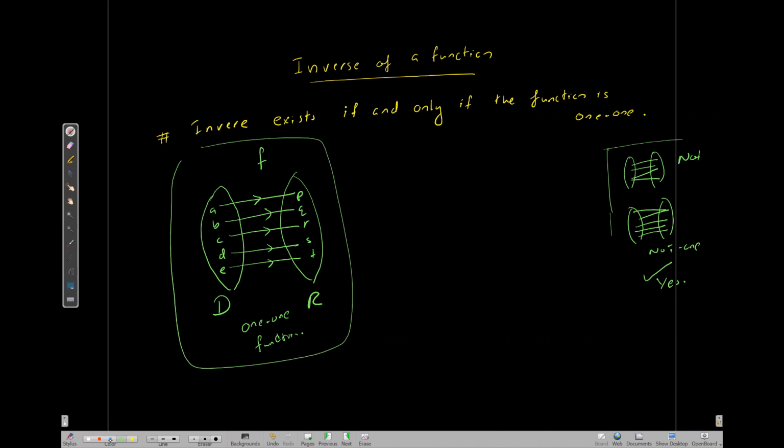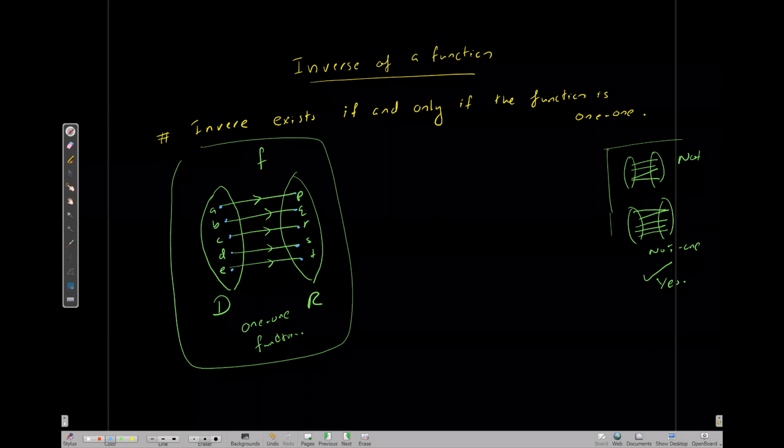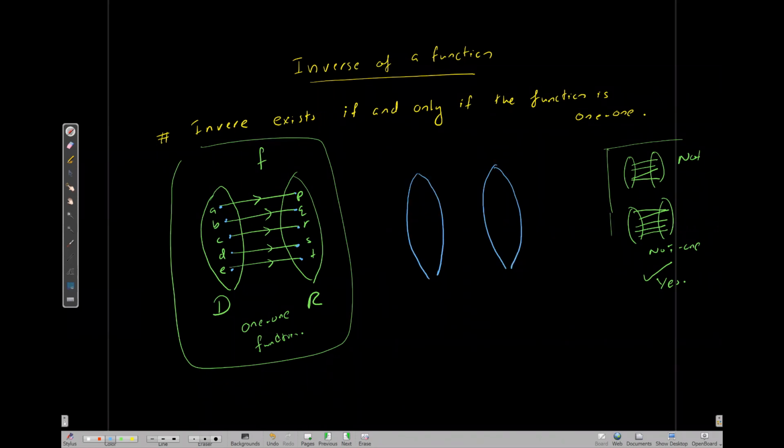What will happen if these points a, b, c, d, e go through this function: a is going to p, b is going to q, c is going to r, d is going to s, and e is going to t. What if I reverse this? So this is actually the second oval shape.